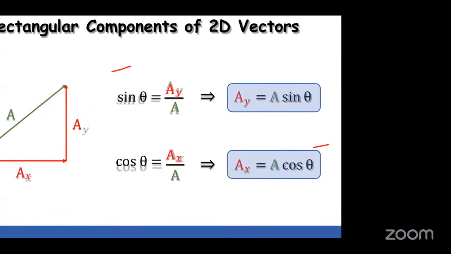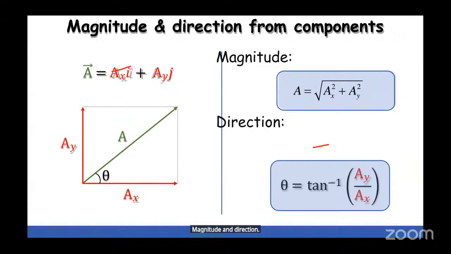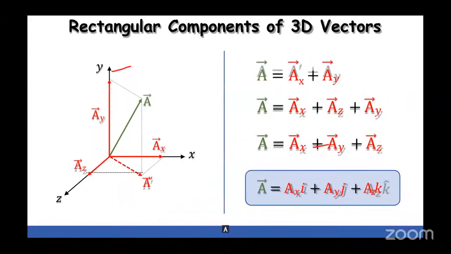So here you have the formula written down for finding the magnitude for 2 dimensions. A is equal to the square root of A subscript x square plus Ay square. And for the direction, theta is equal to tan inverse of Ay over Ax.